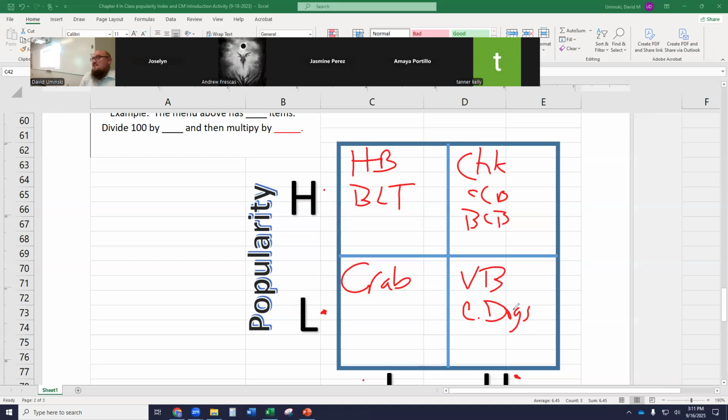Or maybe we change the recipe for the crab cakes, and that may make it a little bit more profitable and maybe more popular. The BLT, how can we get that BLT over to that star category? We either have to charge a higher price for it, or maybe you're like me and I love 8 pieces of bacon on my BLT because I want actual bacon on my BLT.